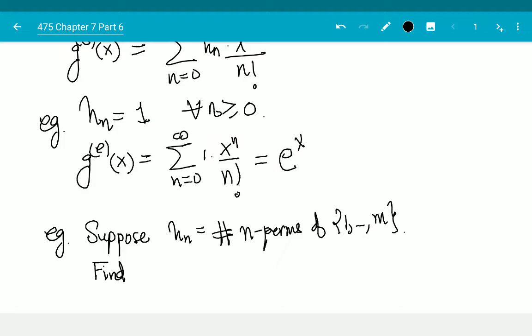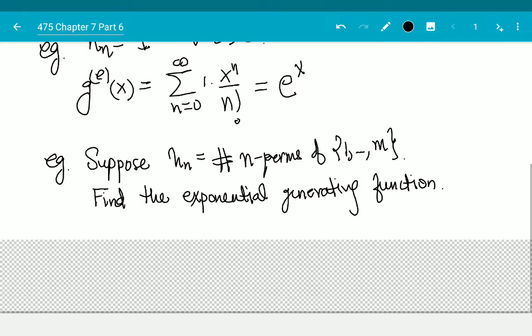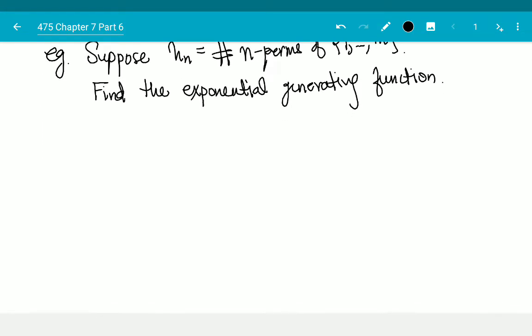Find the exponential generating function. Answer.